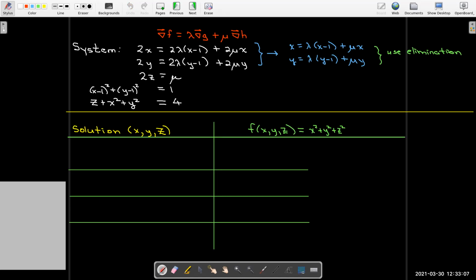All right, so let's write down, we have actually found 4 ordered triples, 4 values of x, y, and z, and we have to determine which one corresponds to the closest point. So we'll go ahead and put it back into our objective function. And we can simplify this objective function using one of our constraint equations. It's not really part of the solution.